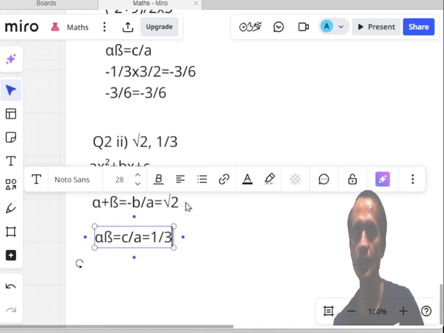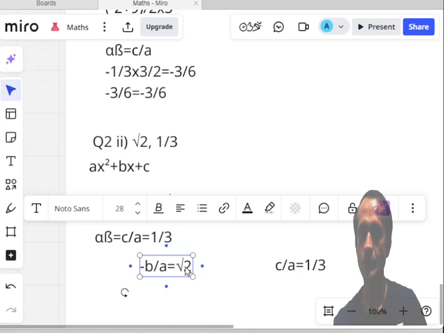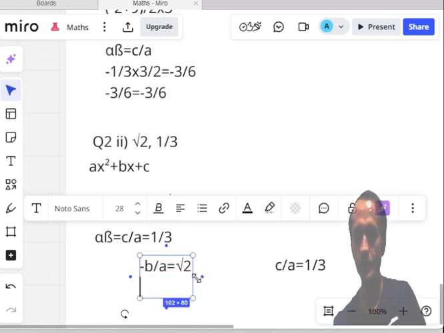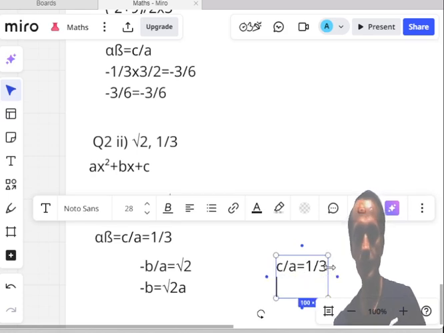So from this we find minus b is equal to root 2 a, and the product of zeros gives us c is equal to 1 by 3 a.